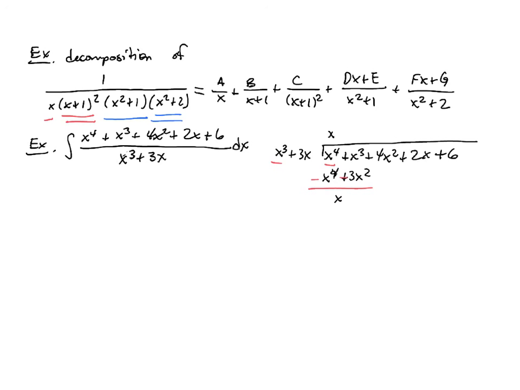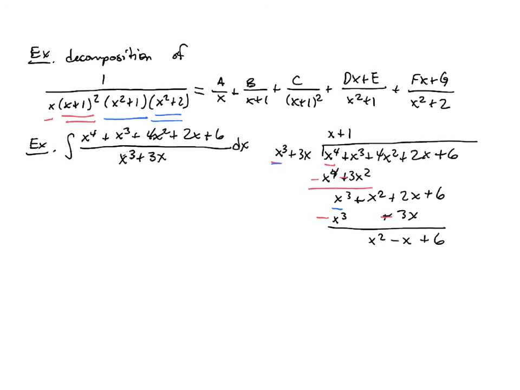So we end up with x cubed plus x squared plus 2x plus 6. And what do I need to multiply x cubed by in order to get x cubed? It's exactly plus 1. And when we multiply that through and subtract, we end up with our remainder being x squared minus x plus 6.